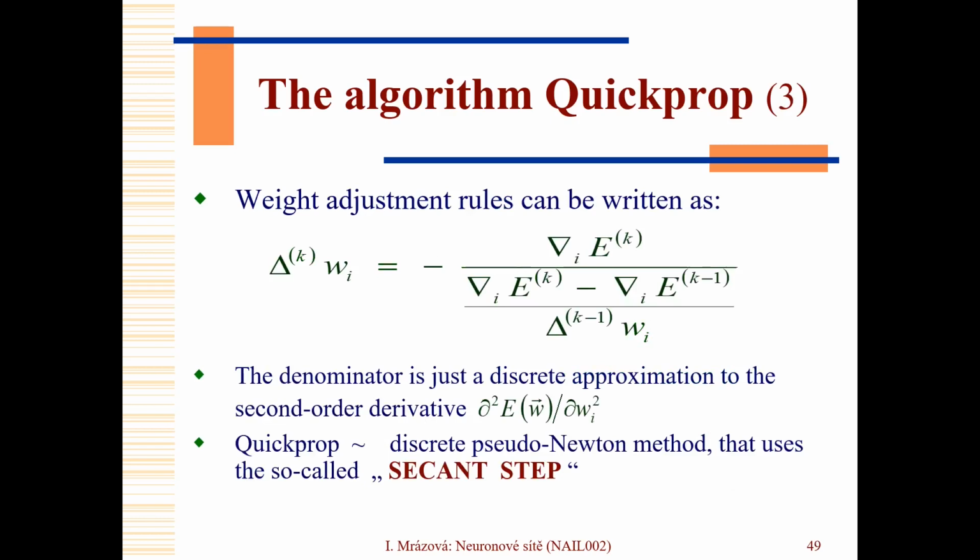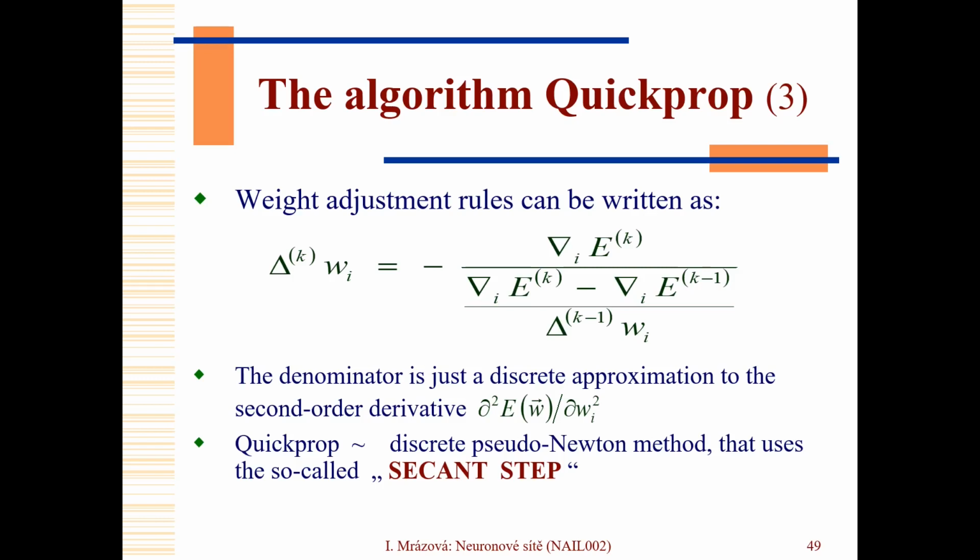To express the weight adjustment rule of Quickprop in a more familiar way, resembling the formula stated on slide 45, we get here for the adjustment of the weights Δ at iteration k for W_i the negative ratio between the gradient of the error function at iteration k in dimension i and the approximation of the second order derivative.